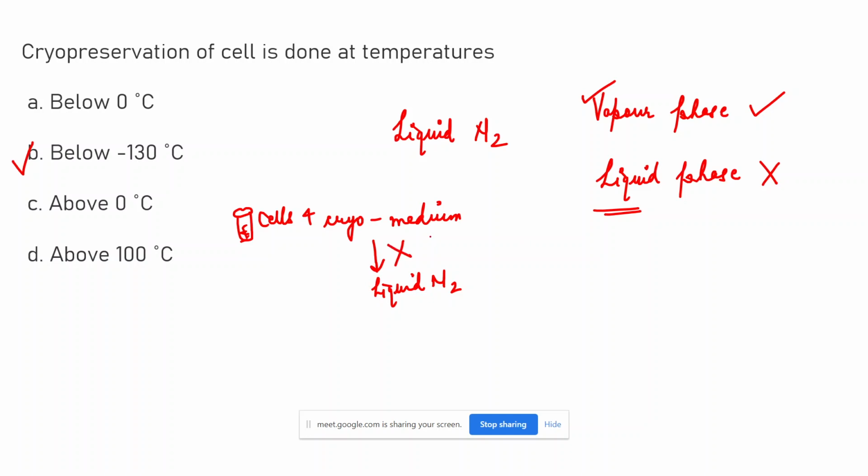Especially for cells which are very sensitive, this method is not good.